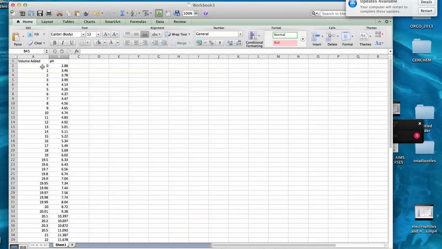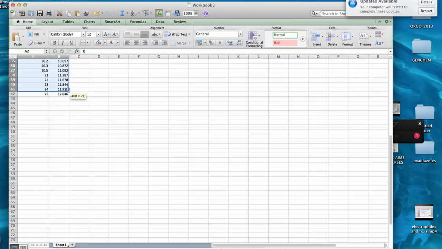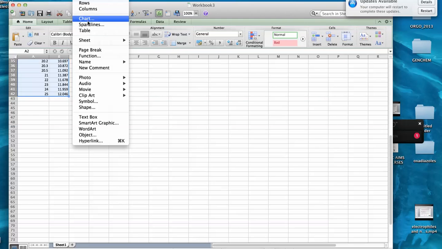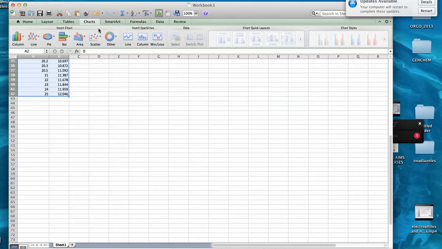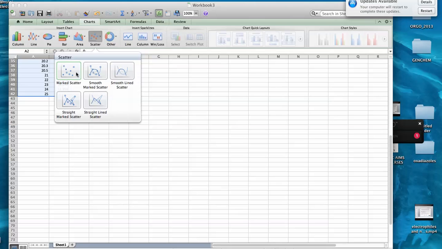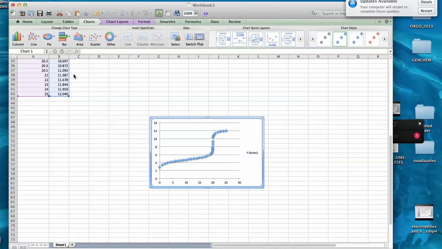All right, so volume added, pH, let's select. And we want to insert a chart. We'll go scatter. And that is a pretty damned nice titration curve.